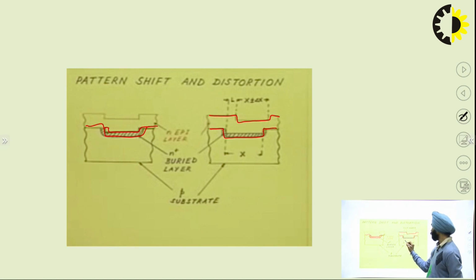Let's suppose this is delta x through which it has shifted. We want it to be here, but it is going here. So there is a shift of the pattern in the overall pattern of the device. This is called the pattern shift.